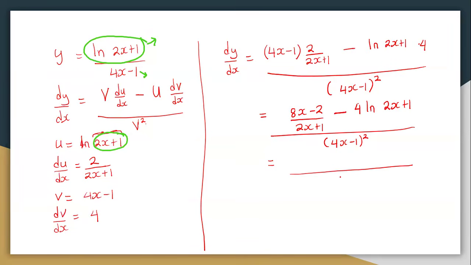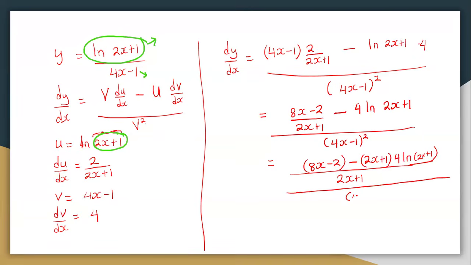So I will be having 8x minus 2, then minus 2x plus 1 into 4 ln of 2x plus 1, then all over 4x minus 1 squared.